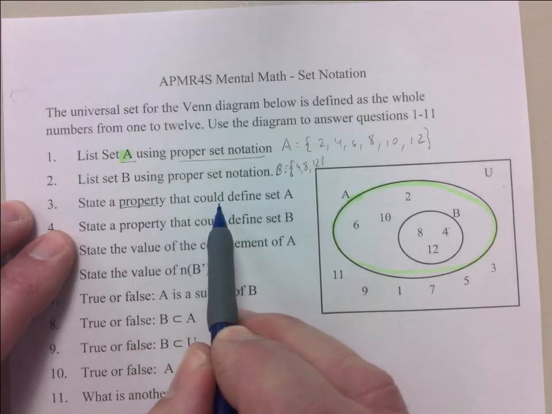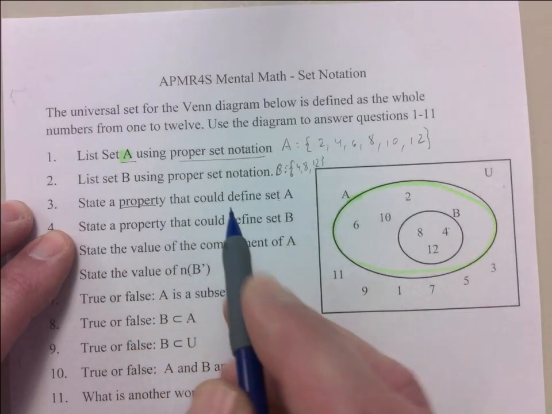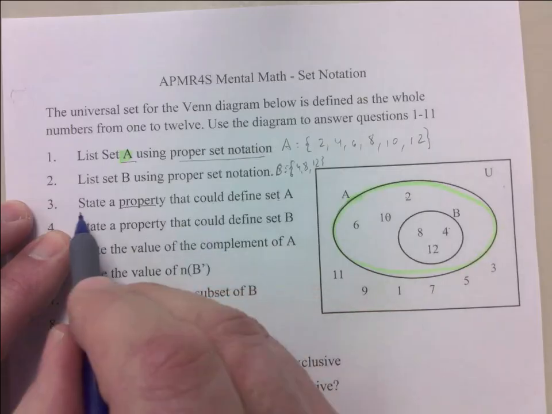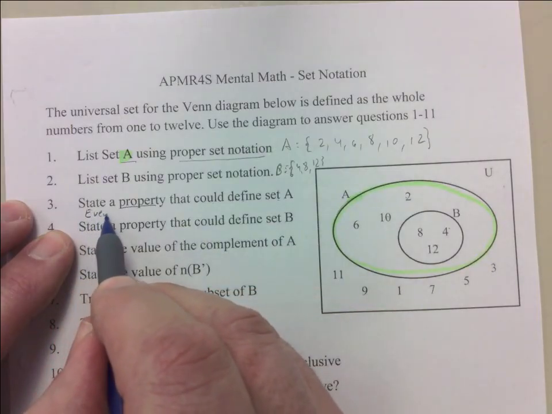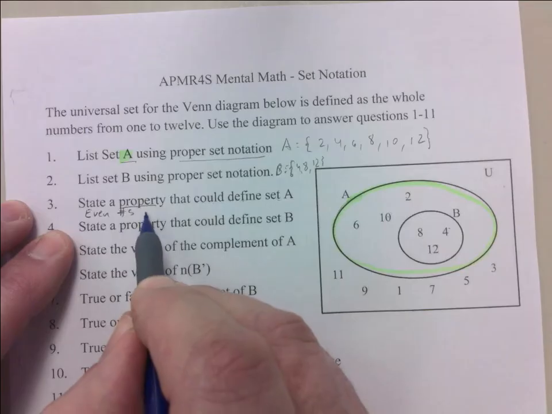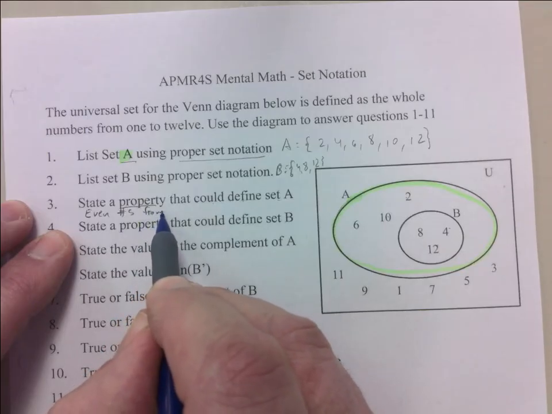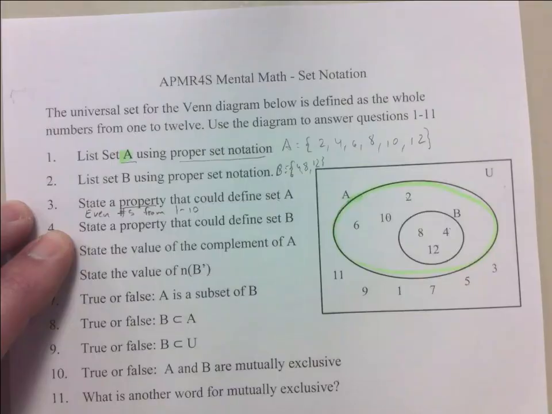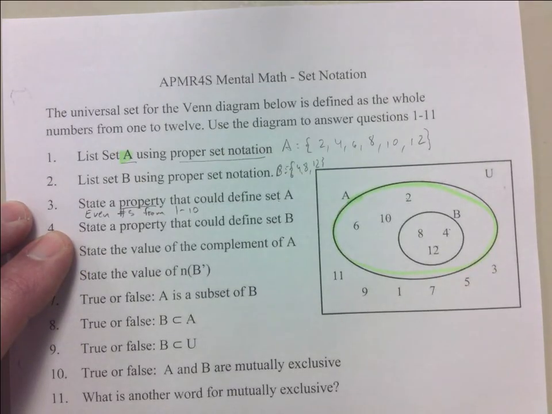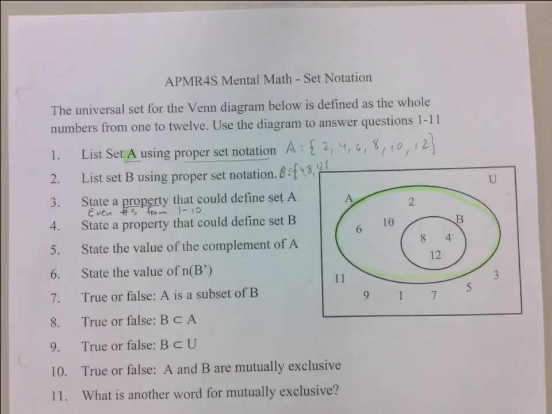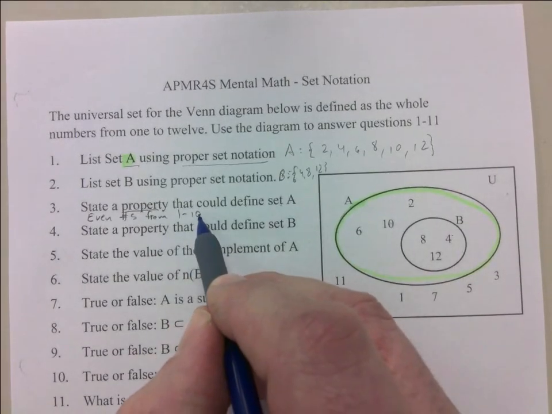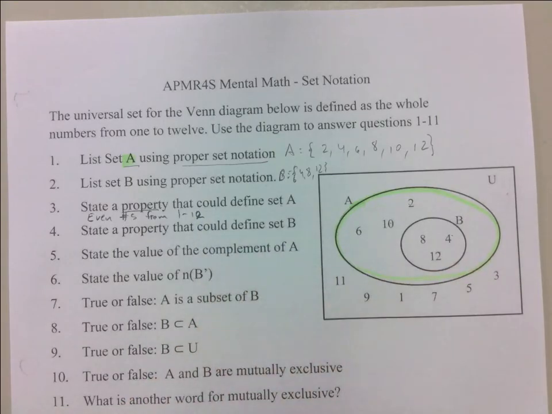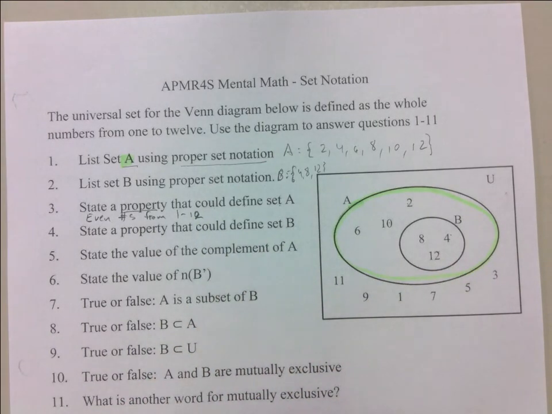What property could you use to define set A? What would you say? Even numbers? Even numbers from 1 to 10? Something like that? Sorry, 12, right? 12 is part of it. Even numbers from 1 to 12. Yes? What if I only wrote even? We'll be okay today.